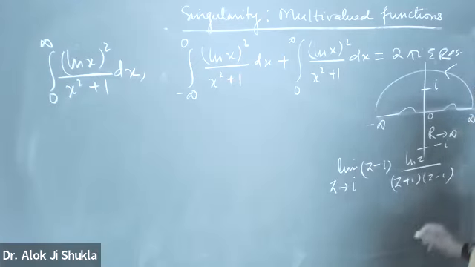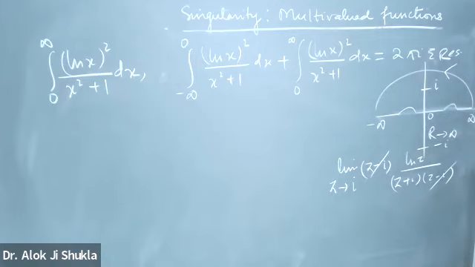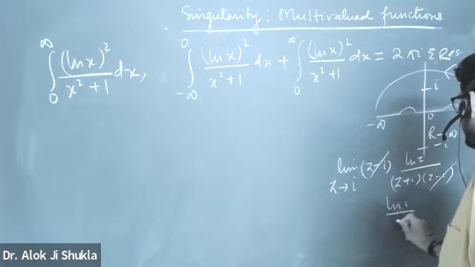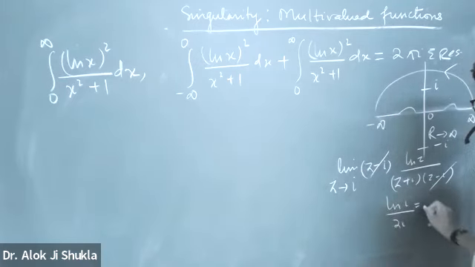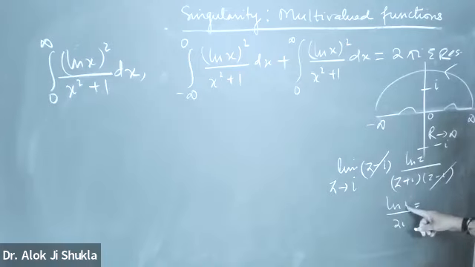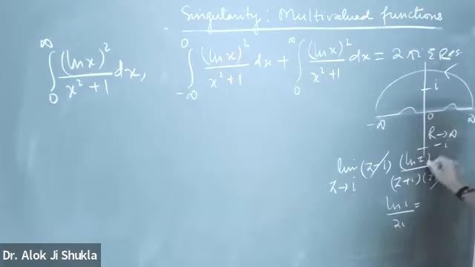Is this okay? Yes, sir. So this will become log of iota by 2 iota, which is log of iota, the whole square.